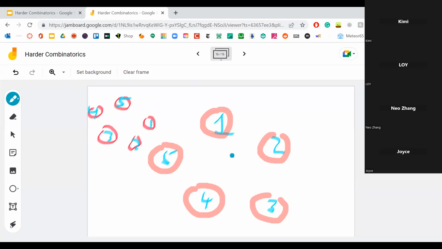The only thing I did between the big one in the middle and the one in the corner is I rotated them. Everyone shifted clockwise 1 position. So even though this looks different, the people are still the same. 1 is still sitting between 5 and 2. 3 is still sitting between 2 and 4, right? So by doing 5 factorial, we're not accounting for this. Does that make sense?